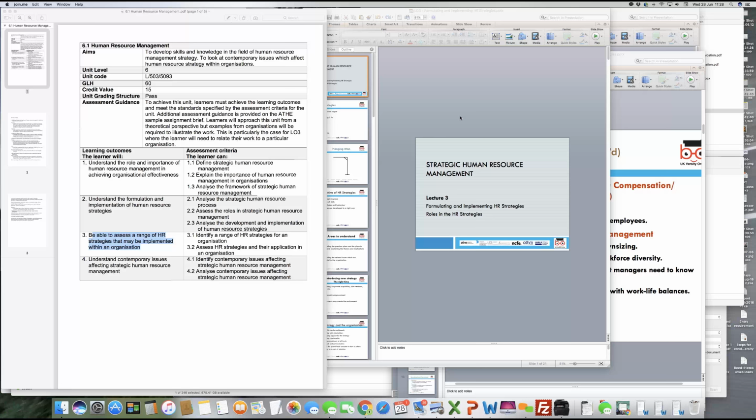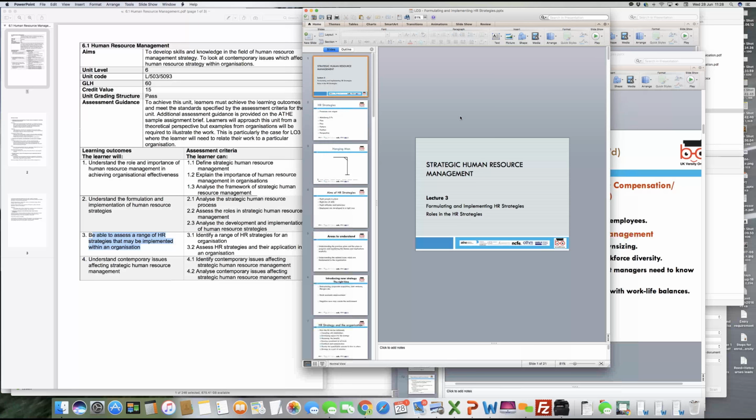These procedures and policies which HR creates become a regular document, and these documents are nothing but strategies which HR has in place to employ when the situation arises. And that is what we get in learning outcome 3 today.